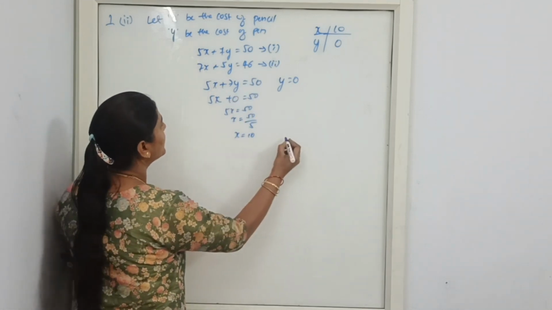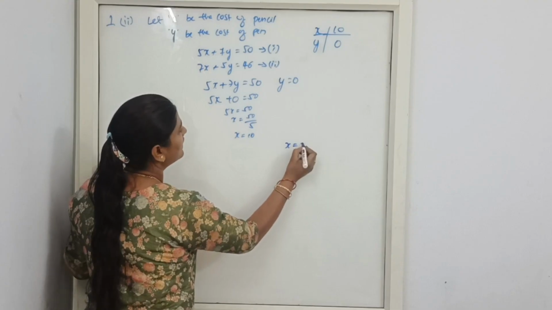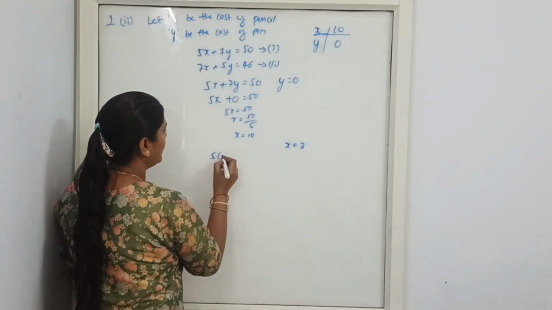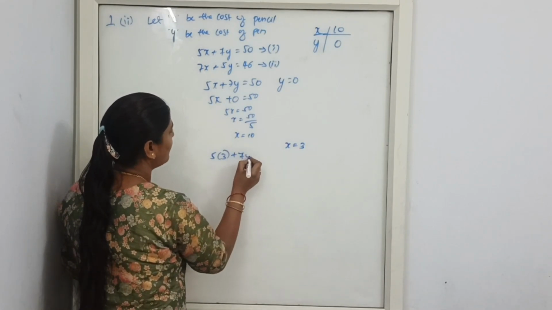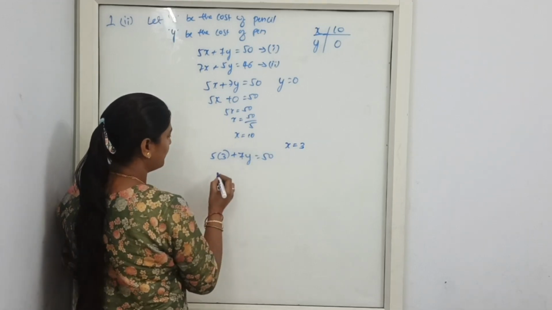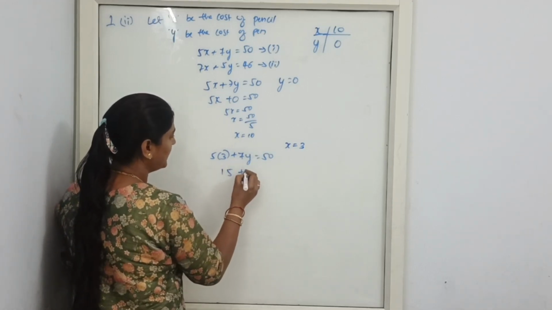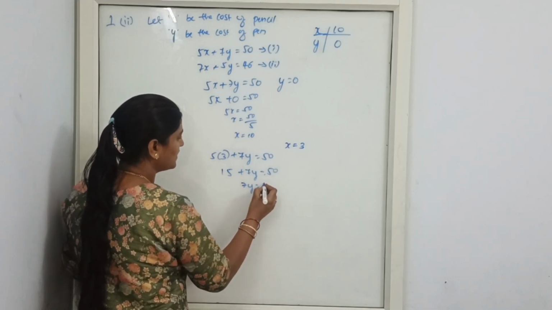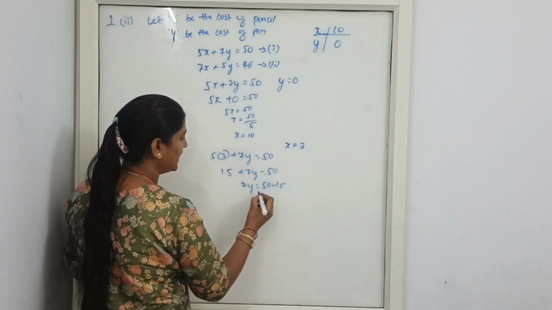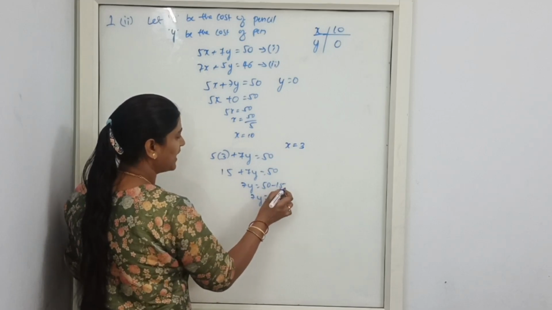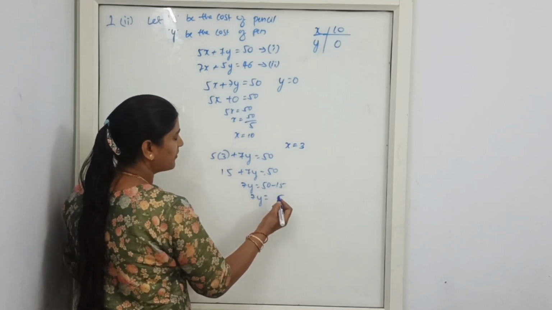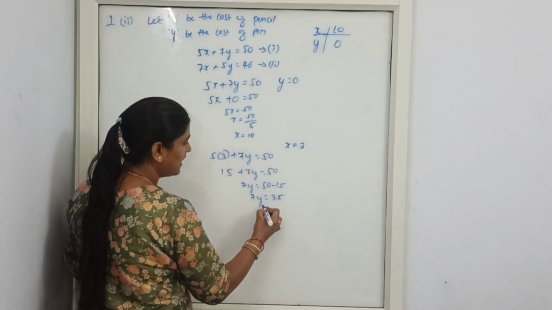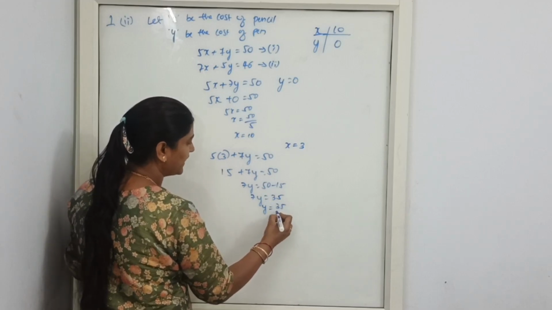So now you take x is equal to 3. So 5 into 3 plus 7y is equal to 50. 5 threes are 15 plus 7y is equal to 50. 7y is equal to 50 minus 15. So 7y is equal to 35. And y is 35 divided by 7.